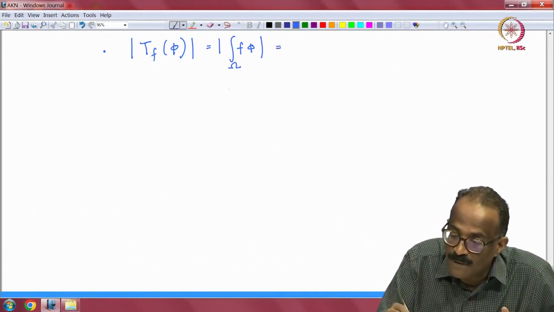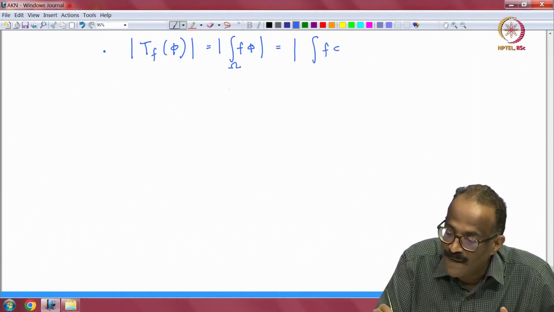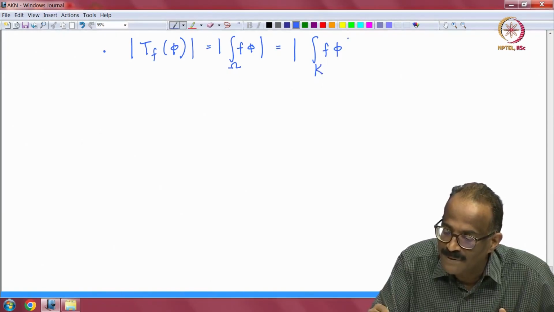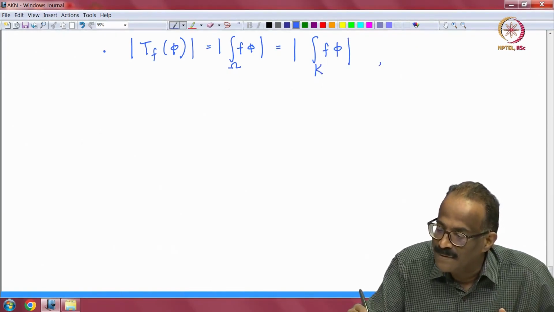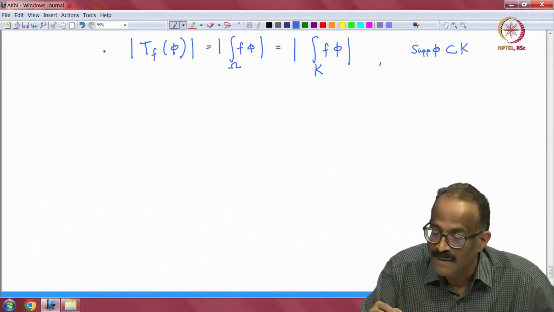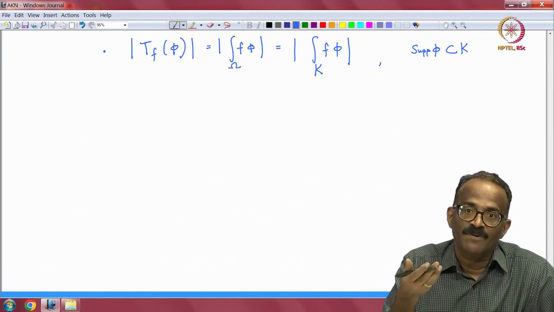So, this is nothing but modulus of f phi, and then the integration is taking only on a compact set, you see, and support of phi is contained in some compact set. And f is locally integrable means the integral of mod f is finite.